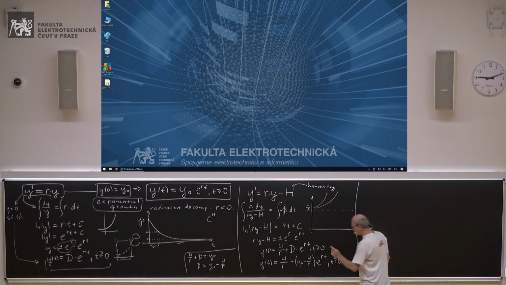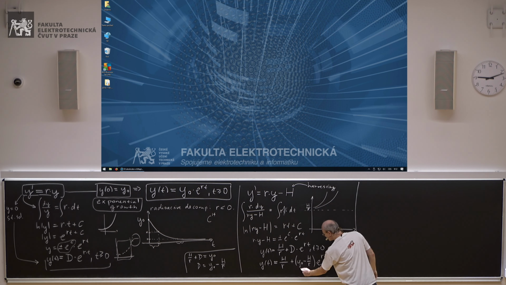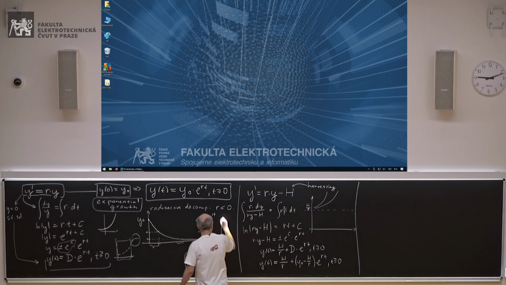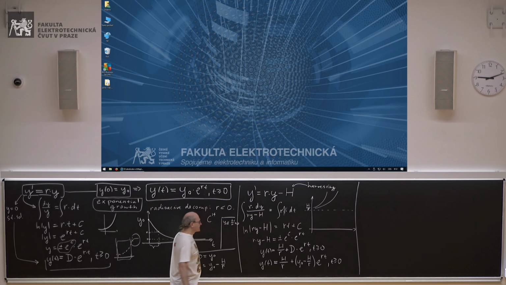When does it happen? It happens when this constant, y naught minus h over r, should be positive. What does it mean, positive? Well, let's say that it means that h is less than r times y naught.